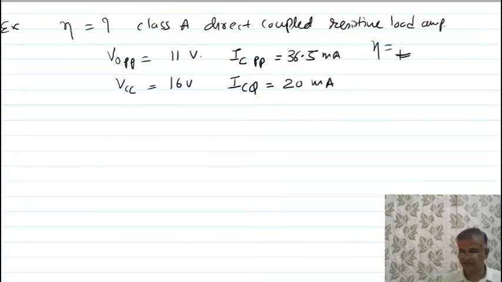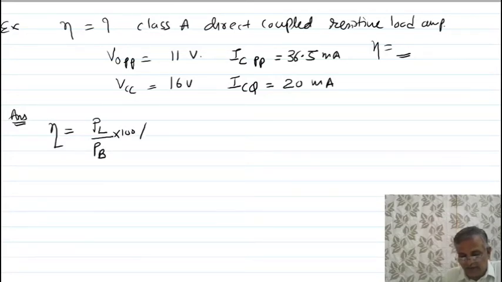This is the question. It's a very simple equation, already you know that. Efficiency is given by AC power delivered to the load upon DC power supplied by the battery, multiplied by 100. So you can find the efficiency in percentage.